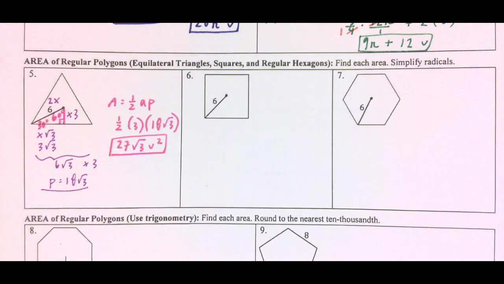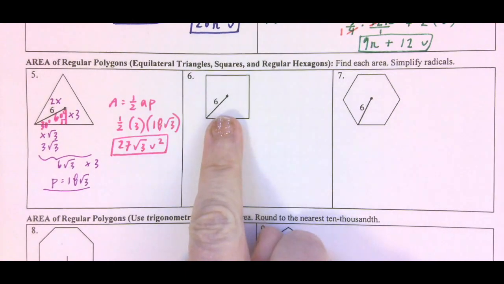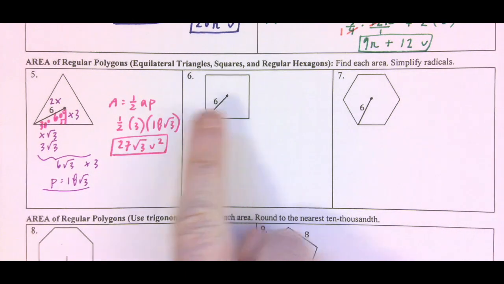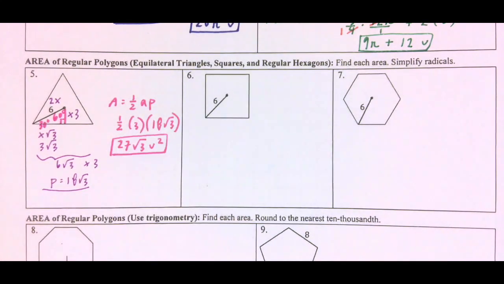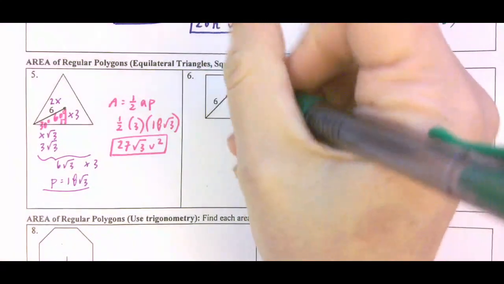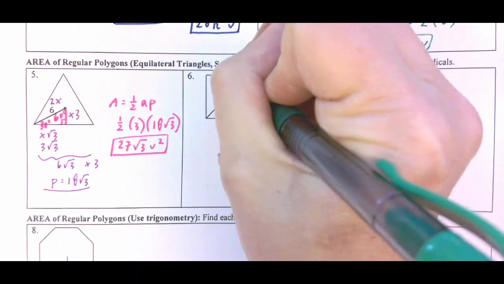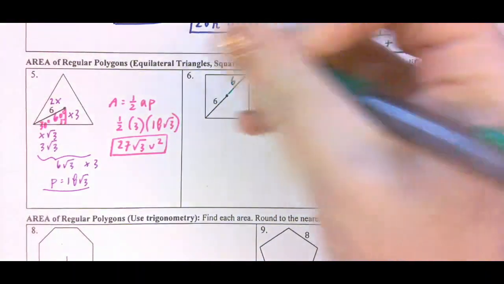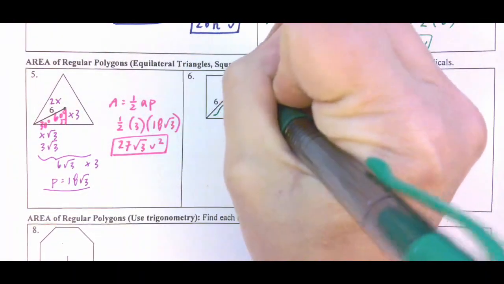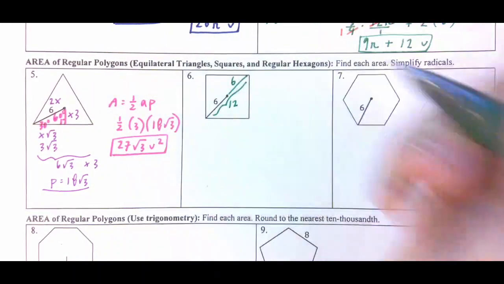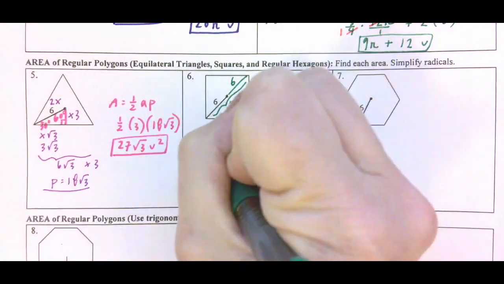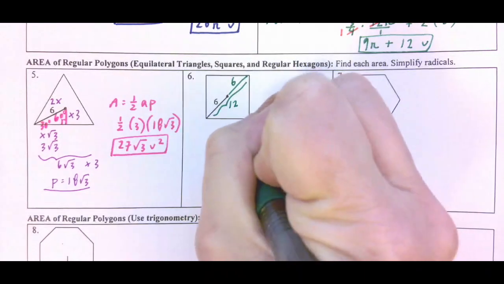Okay, the next one I'm looking at is my square, and the square has a lot of options. I can always do base times height or 1/2 AP, but in this case I see that I have a radius. So if I draw in another radius right there of 6, I actually know a full diagonal is 12. So I would choose to solve this one by going through the diagonals.